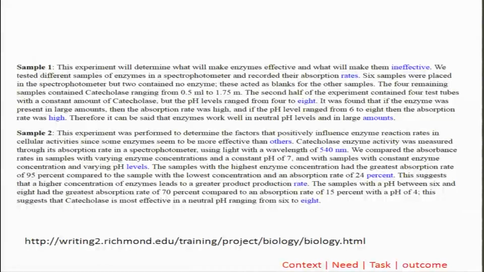We go back to sample 1. Six samples were placed in the spectrophotometer, but 2 contained no enzyme. These acted as blanks for the other samples. Unable to follow, right? So let's look into the second one. We compared the absorption rate in samples with varying enzyme concentration and a constant pH of 7, and with samples with constant enzyme concentration and varying pH levels.